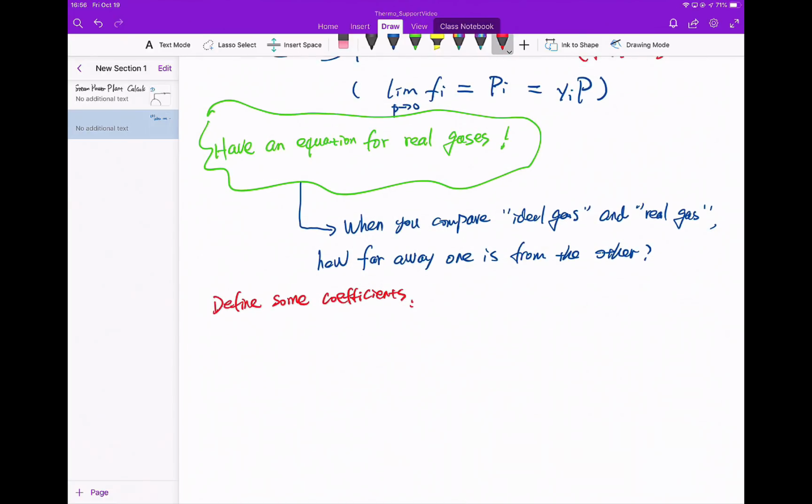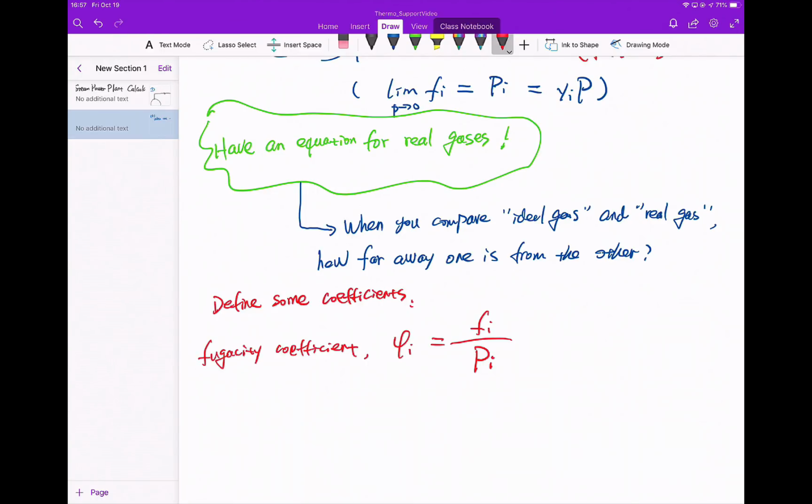So the first one is phi i, which is the fugacity coefficient, defined by fi versus Pi.